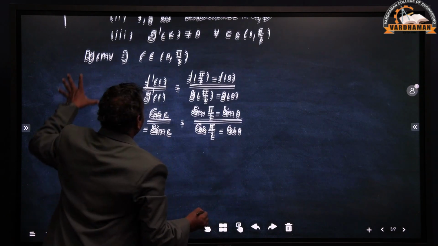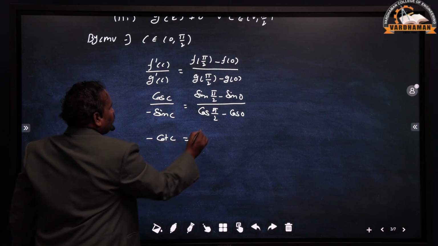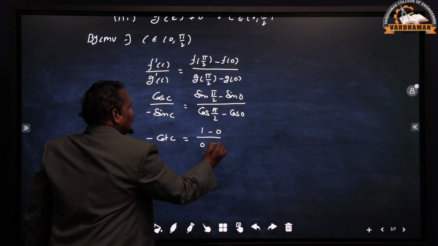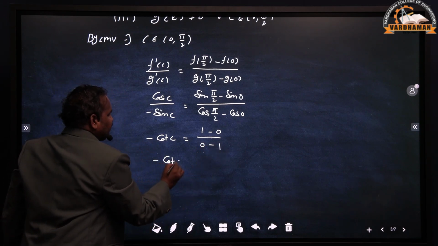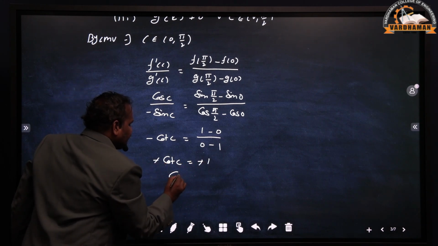Simplify this: cos c / (minus sin c), which is minus cot c, equals (sin 90 is 1, sin 0 is 0) over (cos 90 is 0, cos 0 is 1). So minus cot c is equal to minus 1, the minuses cancel, and cot c is equal to 1.